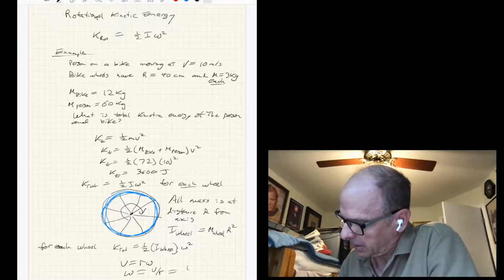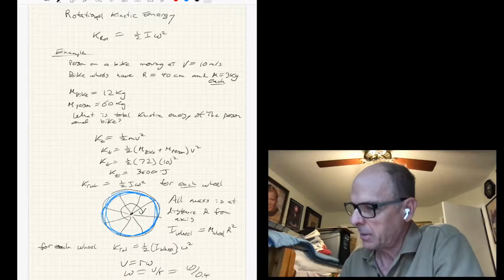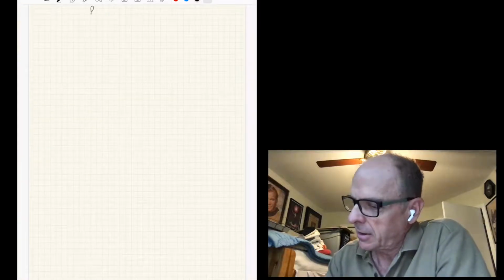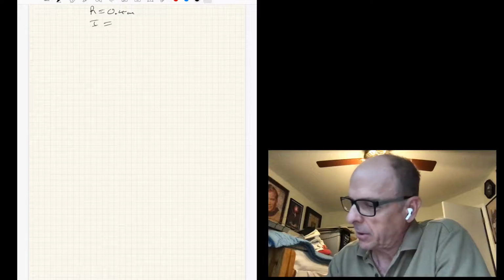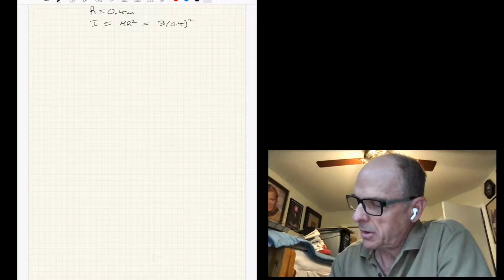So that's 10 meters per second divided by 0.4 meters. The radius of the wheels is 40 centimeters, which is 0.4 meters. And the moment of inertia is the mass of the wheel times r squared, which is 3 times 0.4 squared.